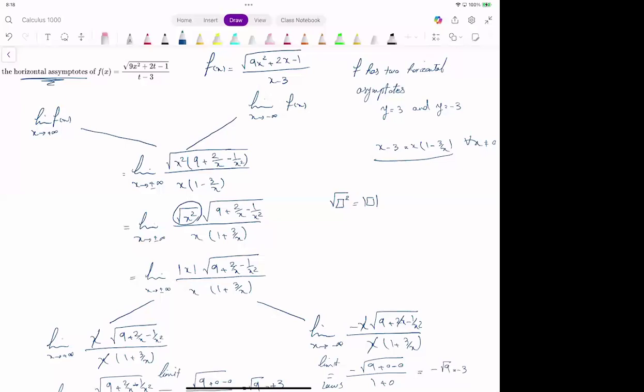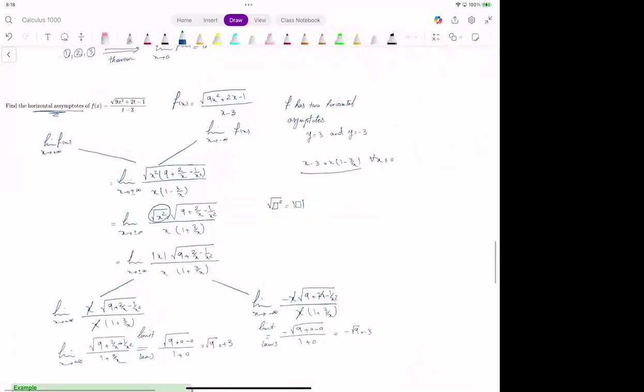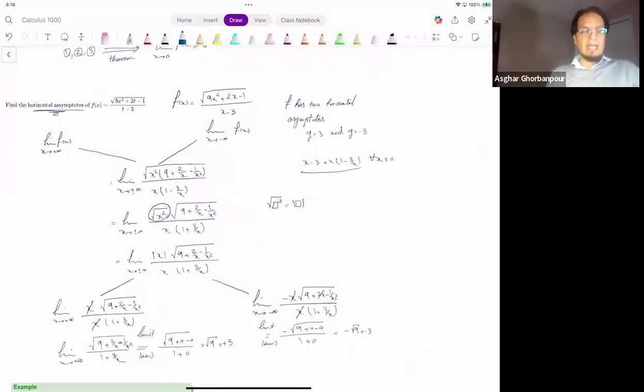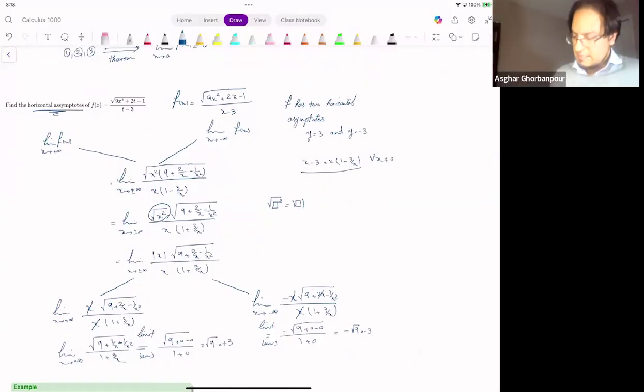Professor, for these types of questions, we always grab the highest power for x, both in the denominator and the numerator, right? For both, yes. Like this, you see, when you find the limit, in the numerator you get infinity. In the denominator, you get infinity. This is another indeterminate form.